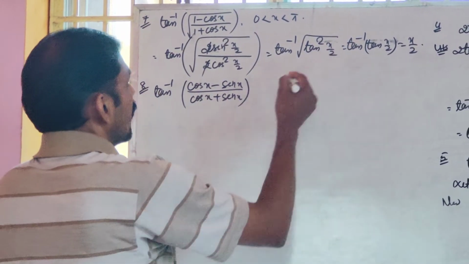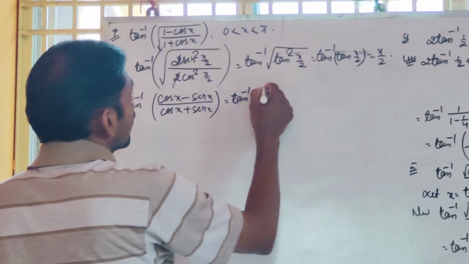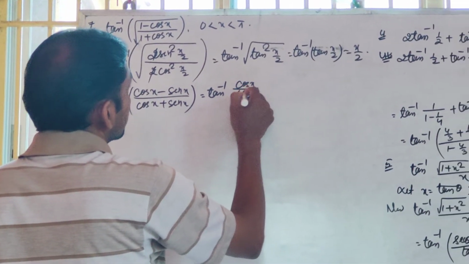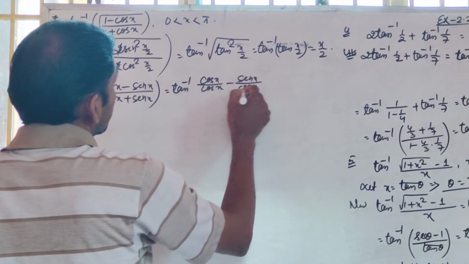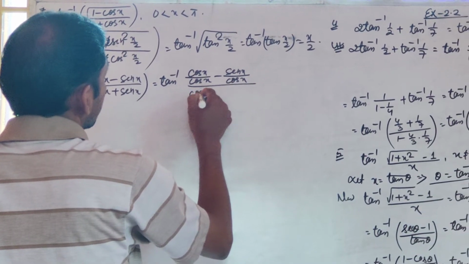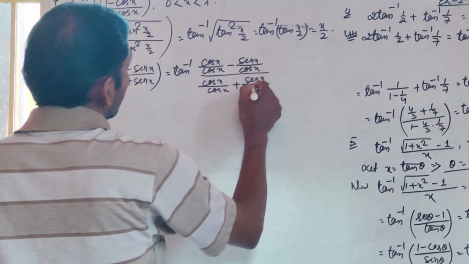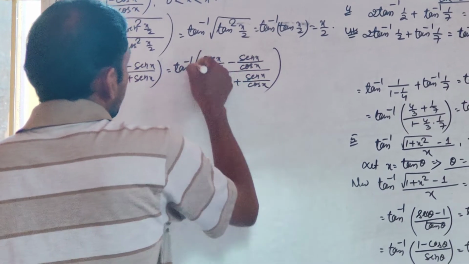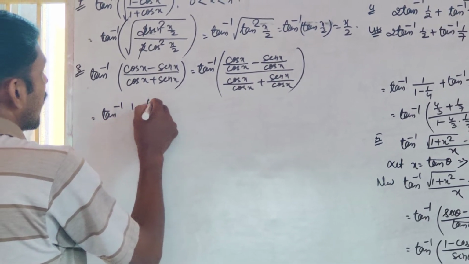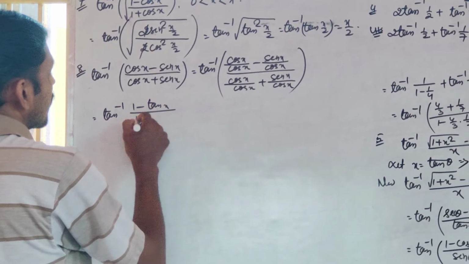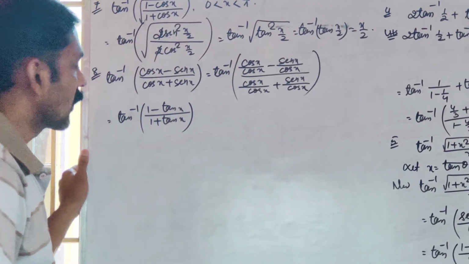So first we will divide both numerator and denominator by cos x: cos x by cos x minus sin x by cos x, by cos x by cos x plus sin x by cos x. We will get tan inverse of 1 minus tan x by 1 plus tan x.